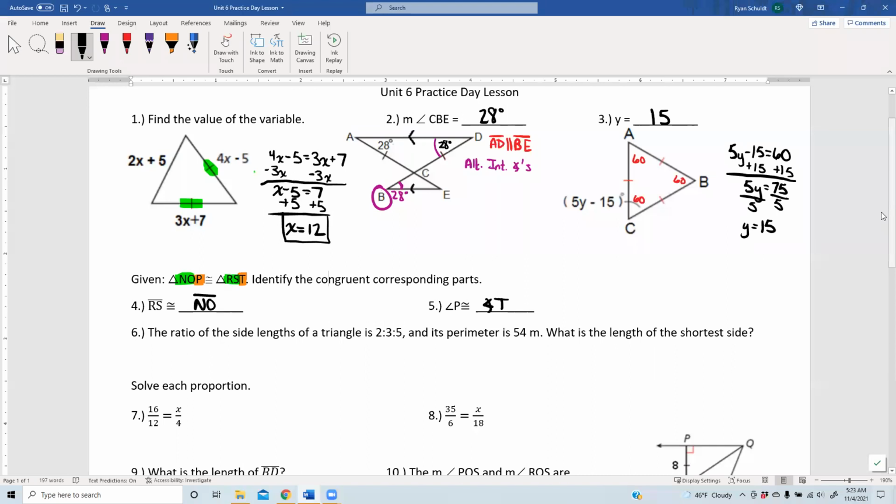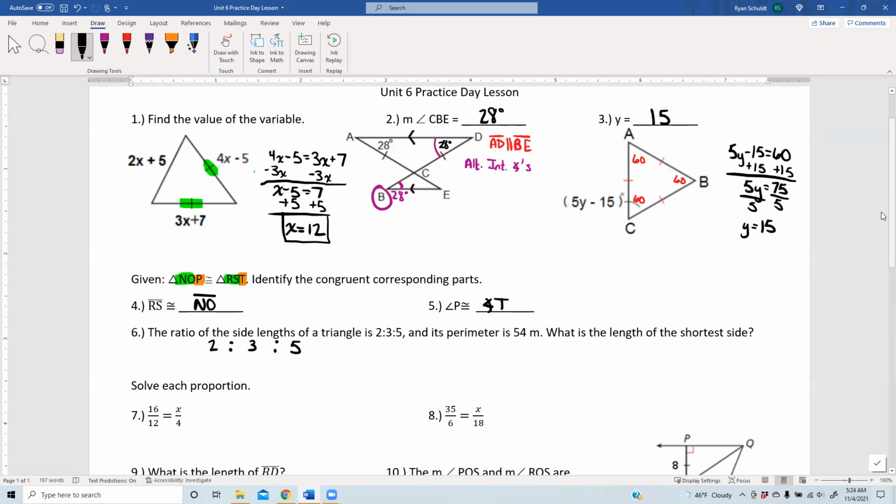Okay, number 6, the ratio of the side lengths of a triangle is 2 to 3 to 5, and its perimeter is 54 meters. What's the length of the shortest side? So let's write this down like how we did it in class. We did 2 to 3 to 5. That's what they gave us originally.